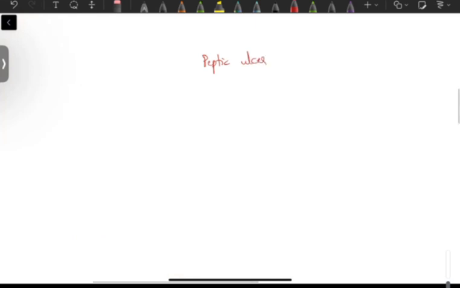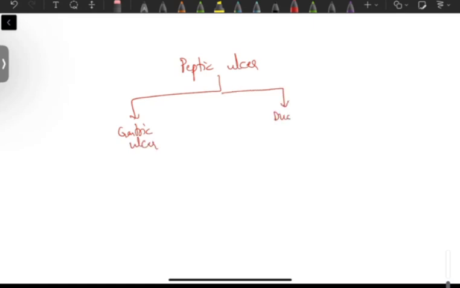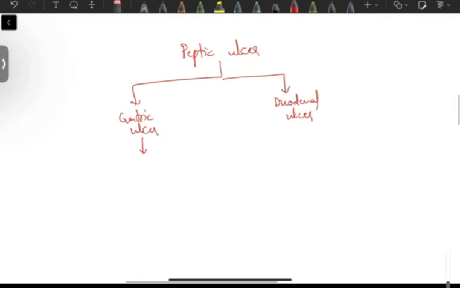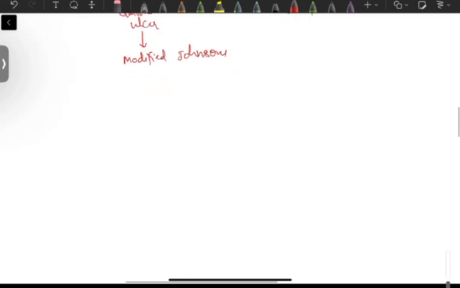so peptic ulcer disease involves two types of ulcers: gastric ulcer and duodenal ulcer. Okay, so gastric ulcer is classified based on modified Johnson's classification, and in that there are 5 types: type 1, 2, 3, 4 and 5.